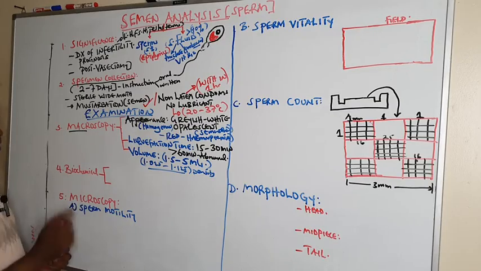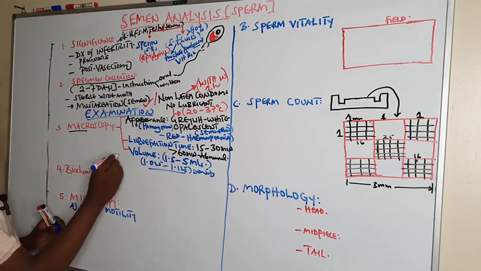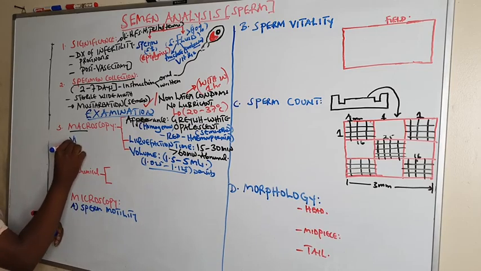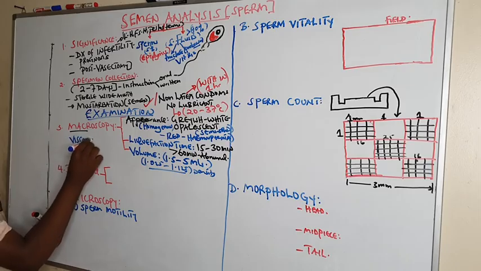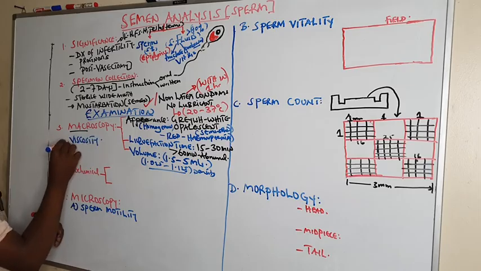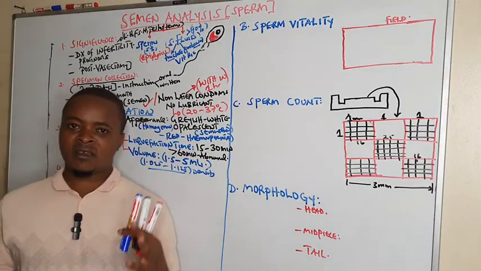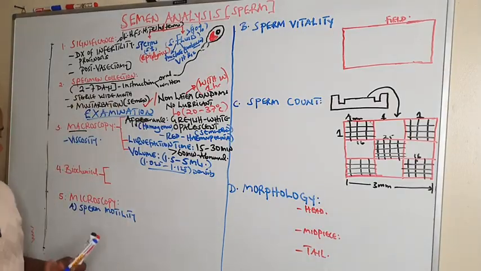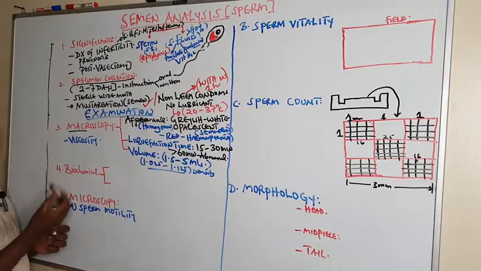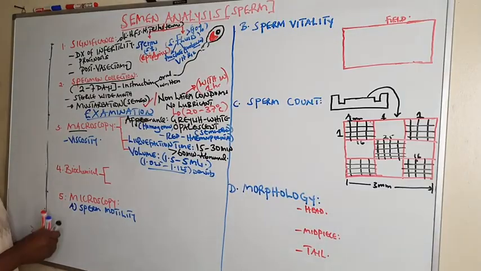The last one under macroscopy is the viscosity. So we can also measure what we call viscosity of the semen. And as we know, when semen is collected, it is viscous, it should be viscous. And how do we determine viscosity?